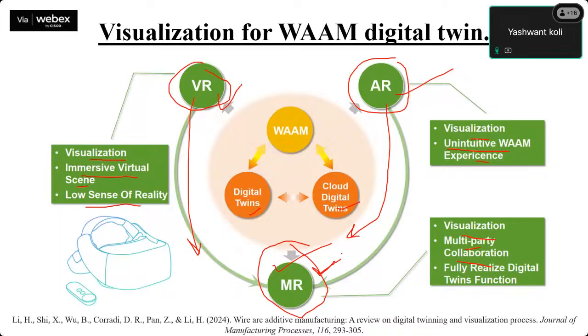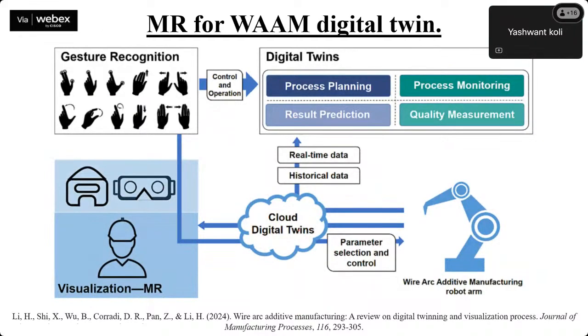This MR enables interactive monitoring, remote collaboration, and design validation. It supports tactile feedback also, enhanced visualization, and gesture-based controls also. Like on your phones, you can use these things. So technology is this much ahead. This is MR, mixed reality for WAM digital twins, which I have already discussed.